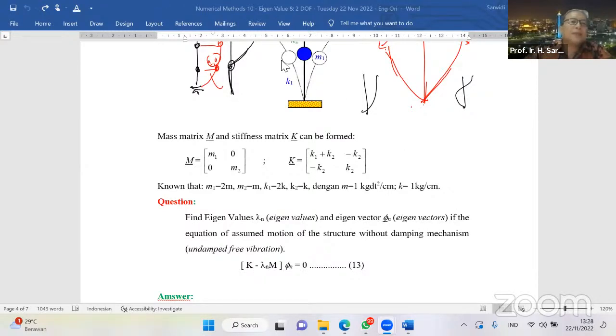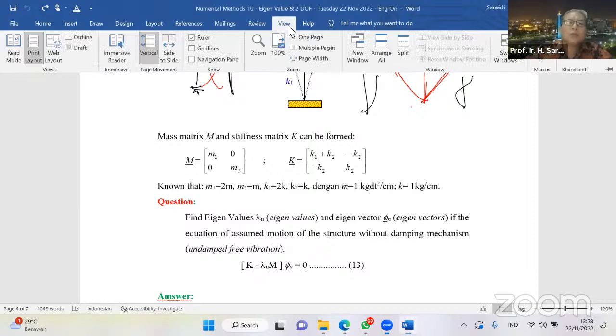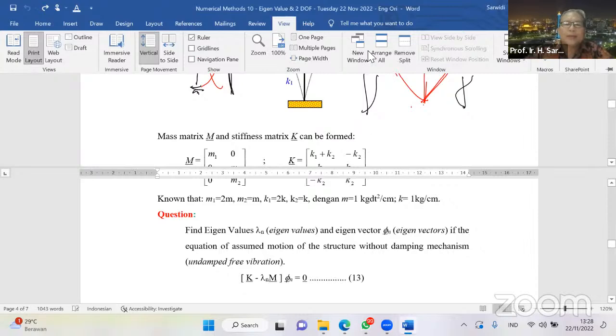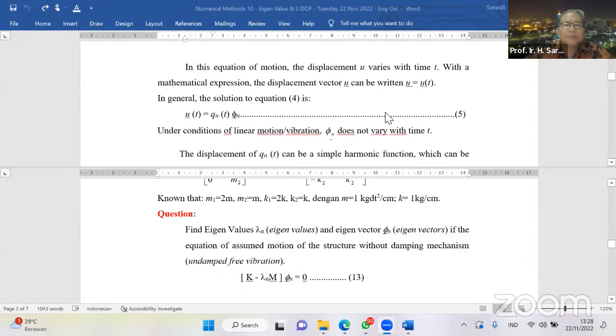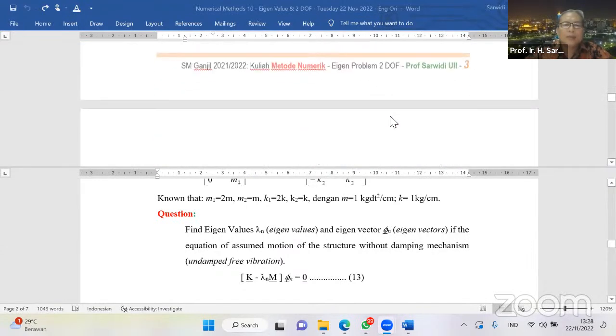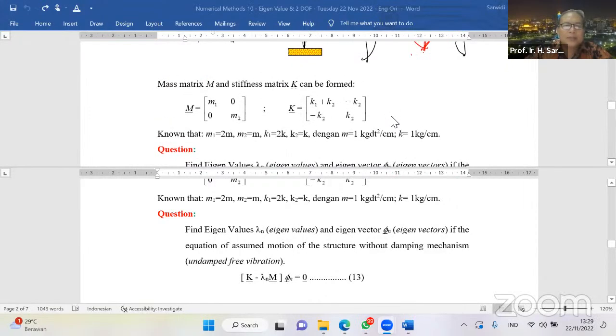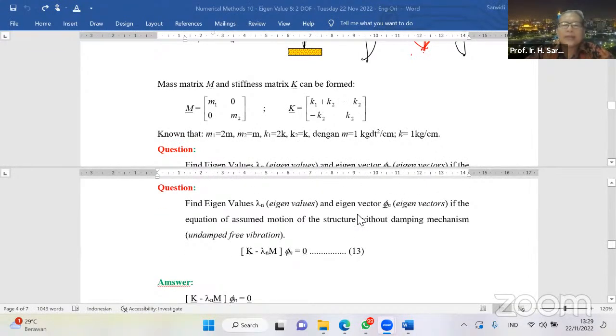Then put the equation here by using the numbers. The question is how to find the eigenvalue lambda n and eigenvector v n here.